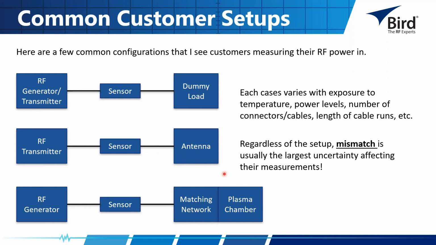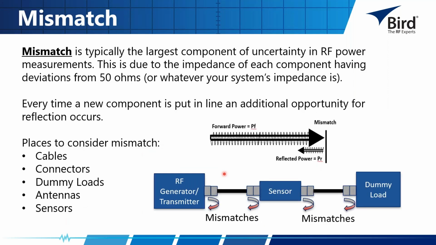So there's a lot of different pieces that can go into play here. And as the system complexity increases, or as your load starts to stray more from a standard impedance like 50 ohms, you're going to start seeing different mismatch effects show up.